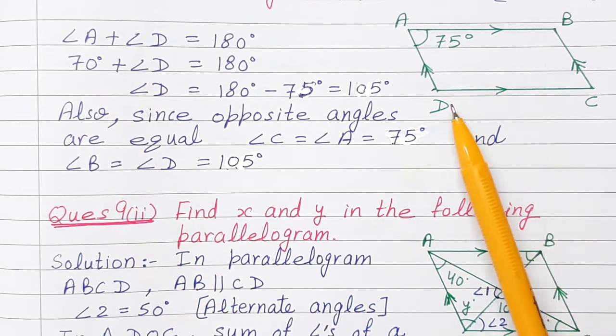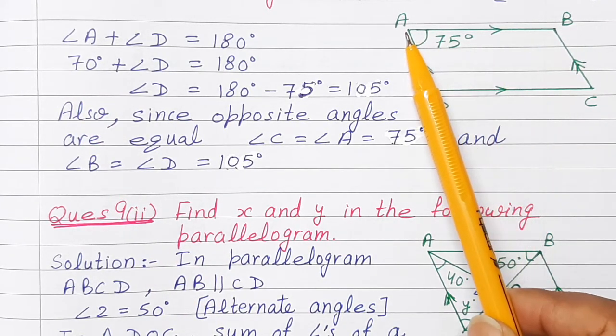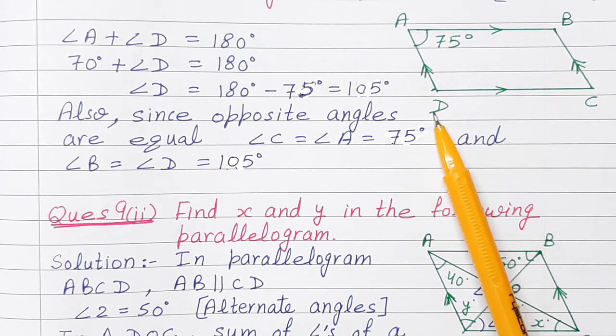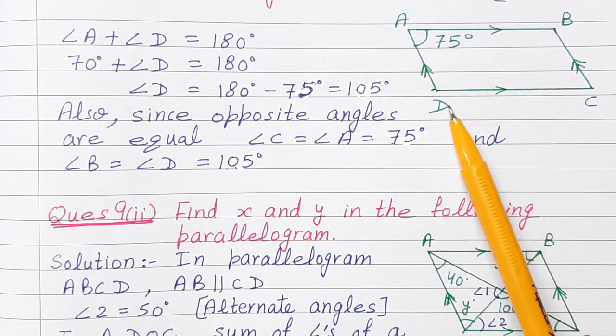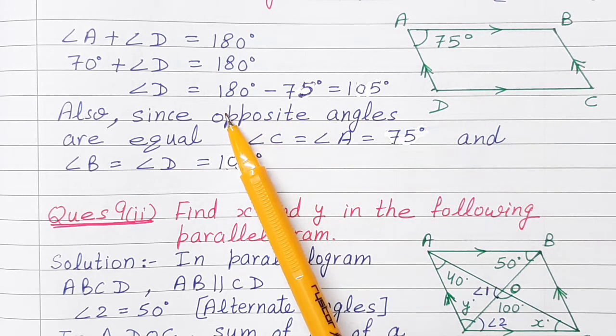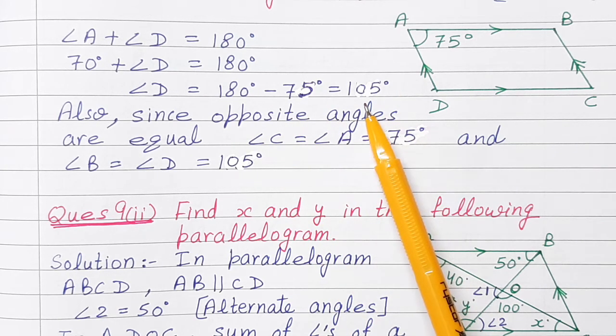So, in parallelogram ABCD, angle A plus angle D is 180 degrees. If angle A is 75 degrees, angle D will be 180 minus 75 degrees, that is 105 degrees.